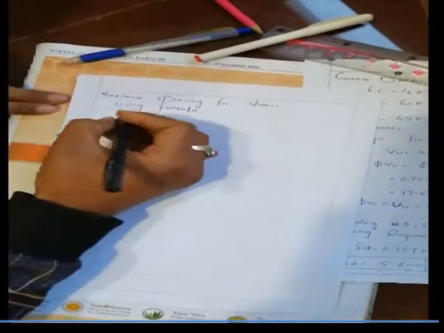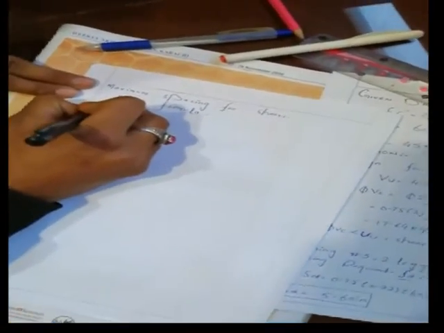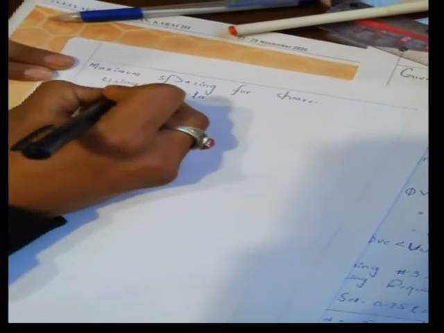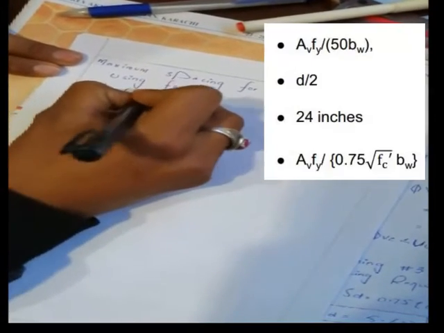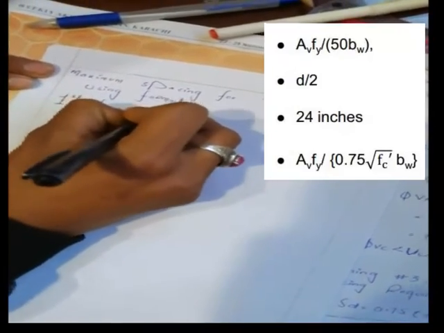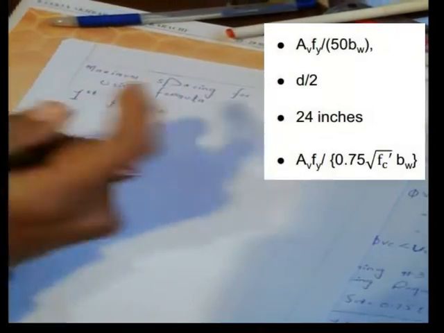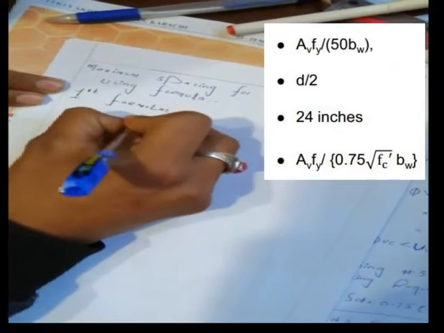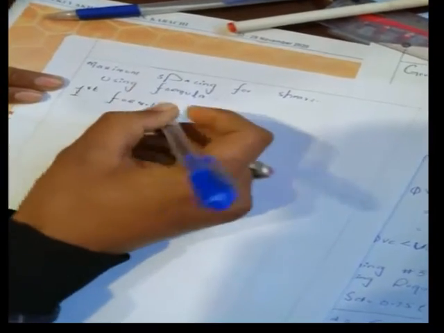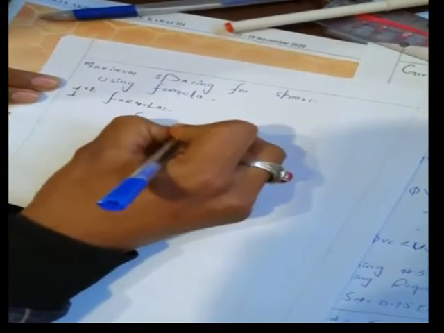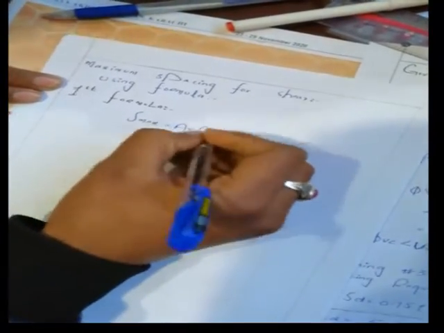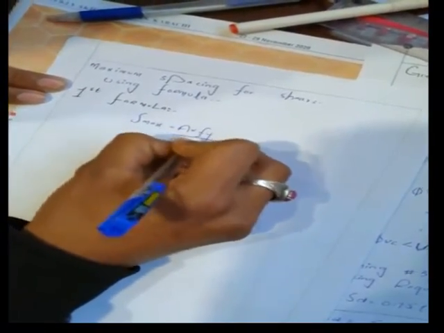Now, the maximum spacing for the design of shear. There are four formulas we have to use. The first formula for s maximum is Av fy divided by 50 into bw.